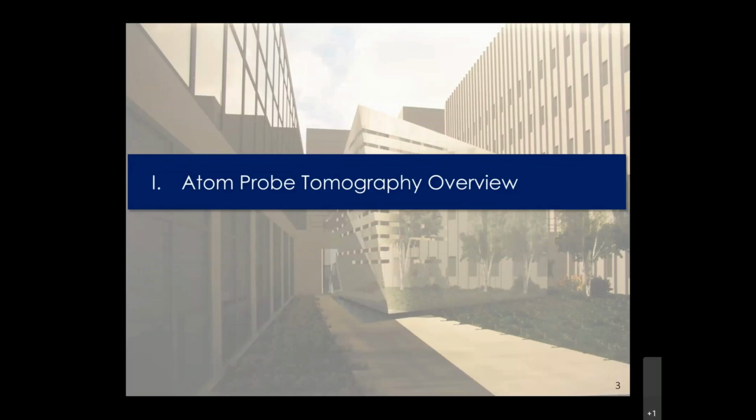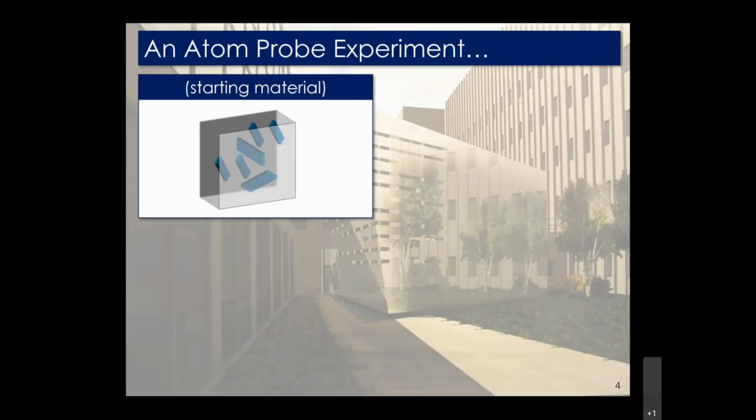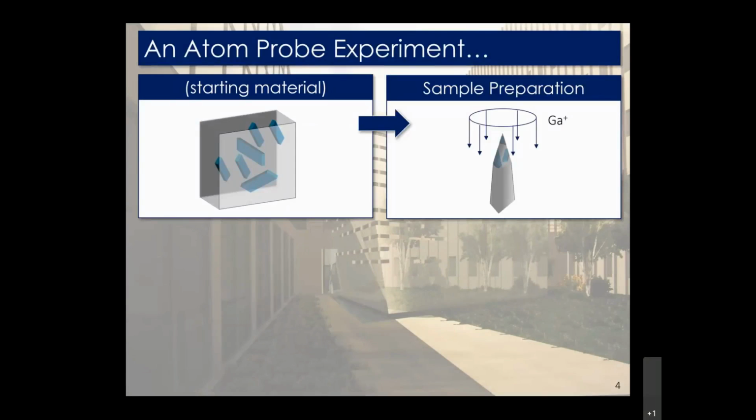So starting again with our atom probe overview. To refresh, an atom probe experiment has multiple steps to it. First, of course, we have our starting material, and we need to form that into an atom probe specimen. These are nanoscale needle samples that have that shape because we need to get down to a fine point so we can concentrate the electric field at the tip such that we'll get field evaporation to occur.